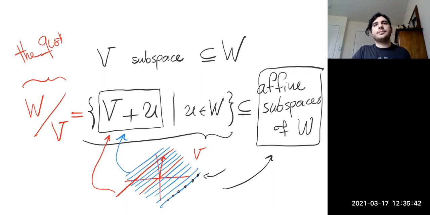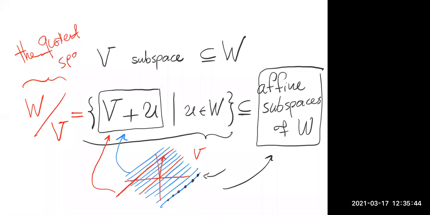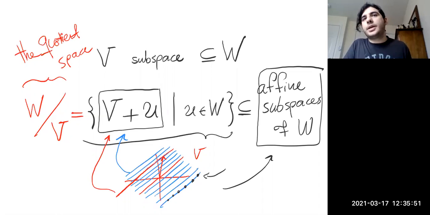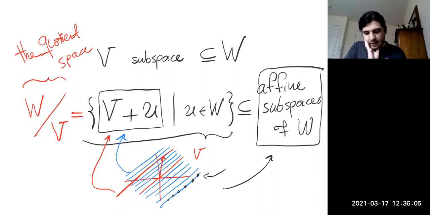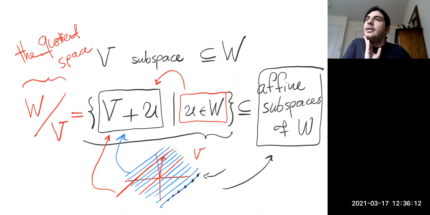quotient space. Well, isn't the quotient space just W? Or am I missing something? No, it is not. Would you say why you think it is? So I would correct this misunderstanding. Because U is all the elements belonging to W. Yes, but you see, a lot of different elements in W would give us the same thing here.